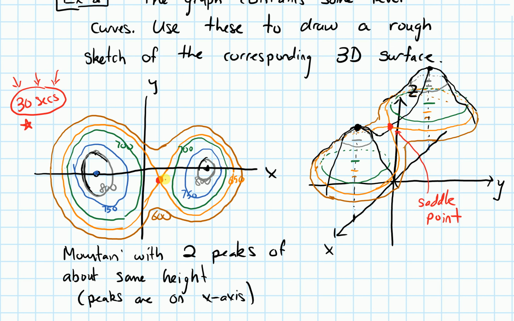I go up in height because I'm going towards a height of 700 and then 750 and then 800. But if I were to go in the y direction, up in the positive y direction or down in the negative y direction, my height decreases from a height of 650 down to 600. And that's the kind of thing that creates a saddle.